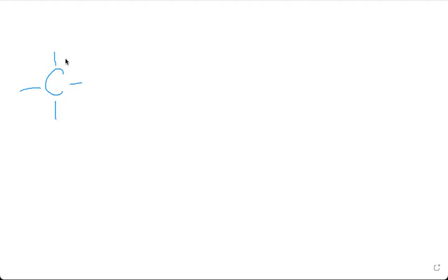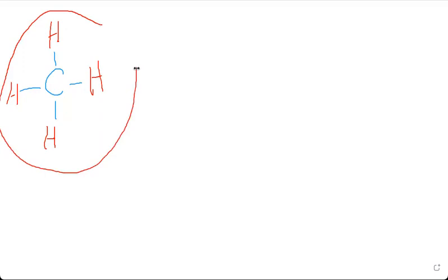For example, this is one carbon and there is no other carbon. If you want to say whether a structure is alkane or alkene, you have to check the bond between two carbons, whether they are joined with a single bond or a double bond.